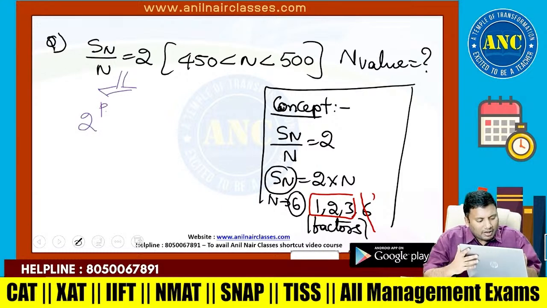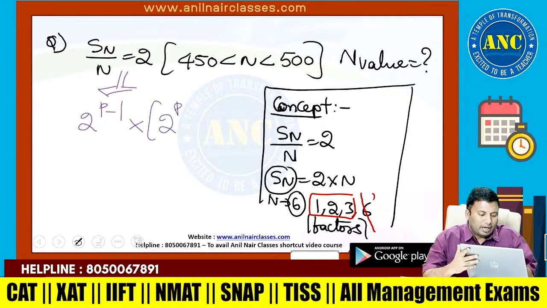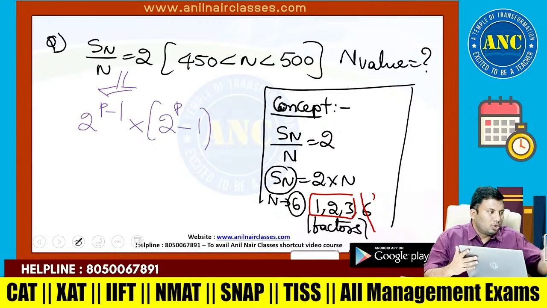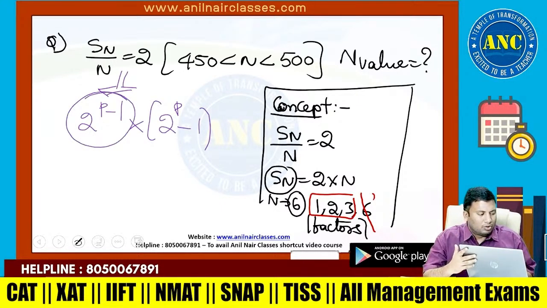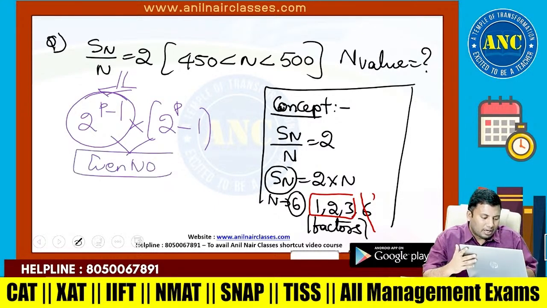It is of the form 2 power p minus 1 into (2 power p minus 1). Any number multiplied by 2 will become an even number.